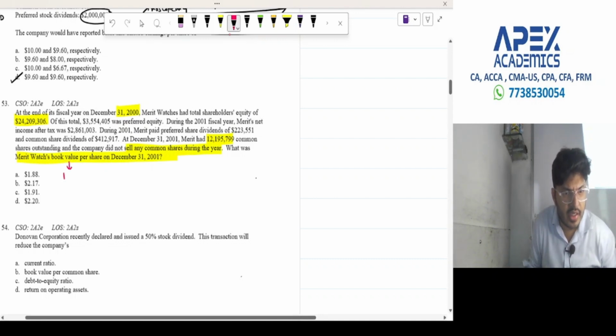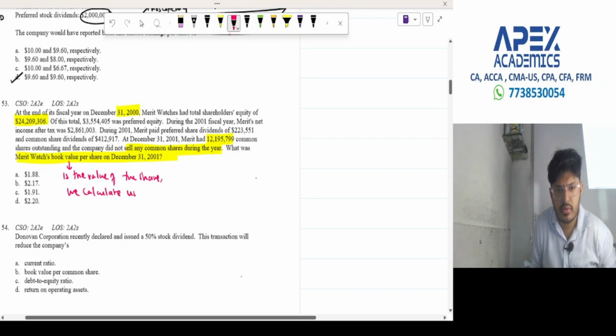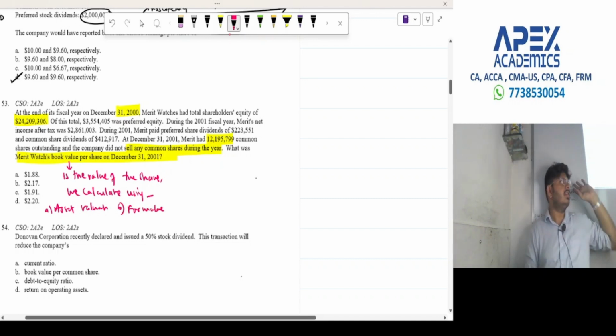What is the meaning of book value per share? Book value per share is the value of the share we calculate using either asset valuation, certain formulae, or certain assumptions.